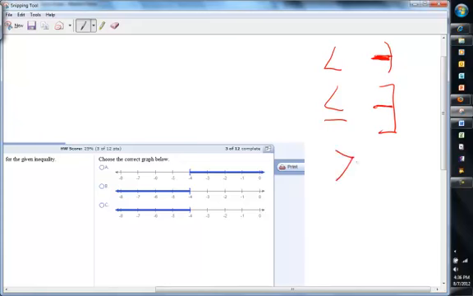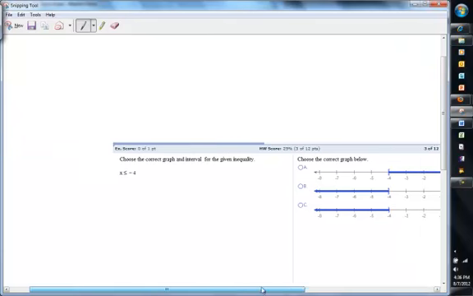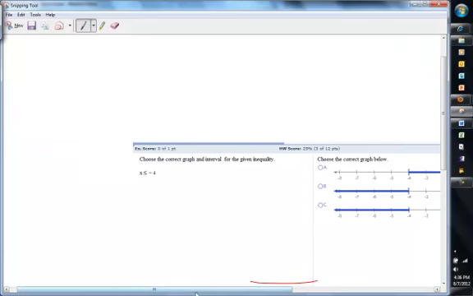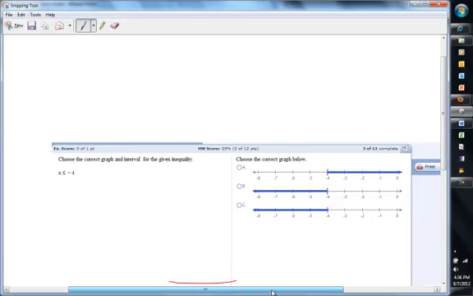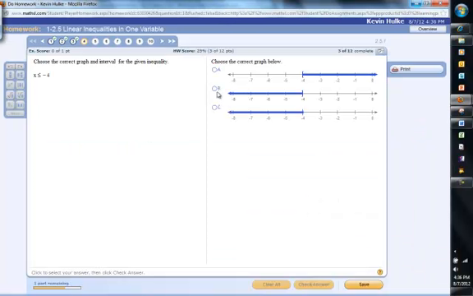If it's greater than, you'll use a parenthesis going in that direction, and greater than or equal to, it'll be a bracket going in that direction. So for this particular problem, we have less than or equal to negative 4, so it's going to be this one. This one would be greater than or equal to negative 4, and this one would be less than negative 4, because you notice it's got the parenthesis there. So we'll choose letter B for this one.